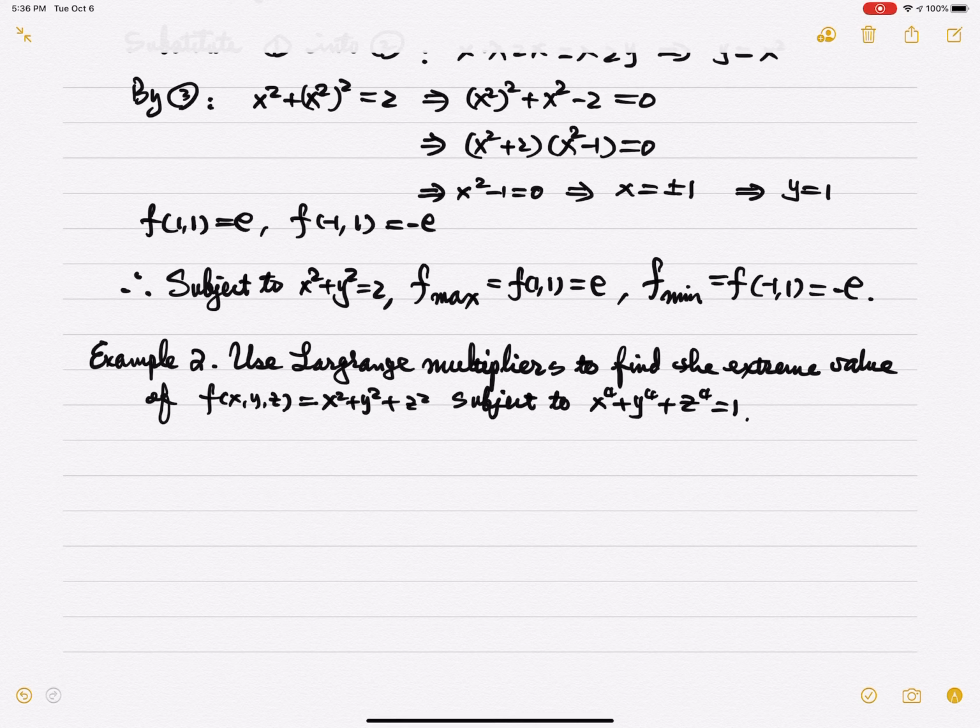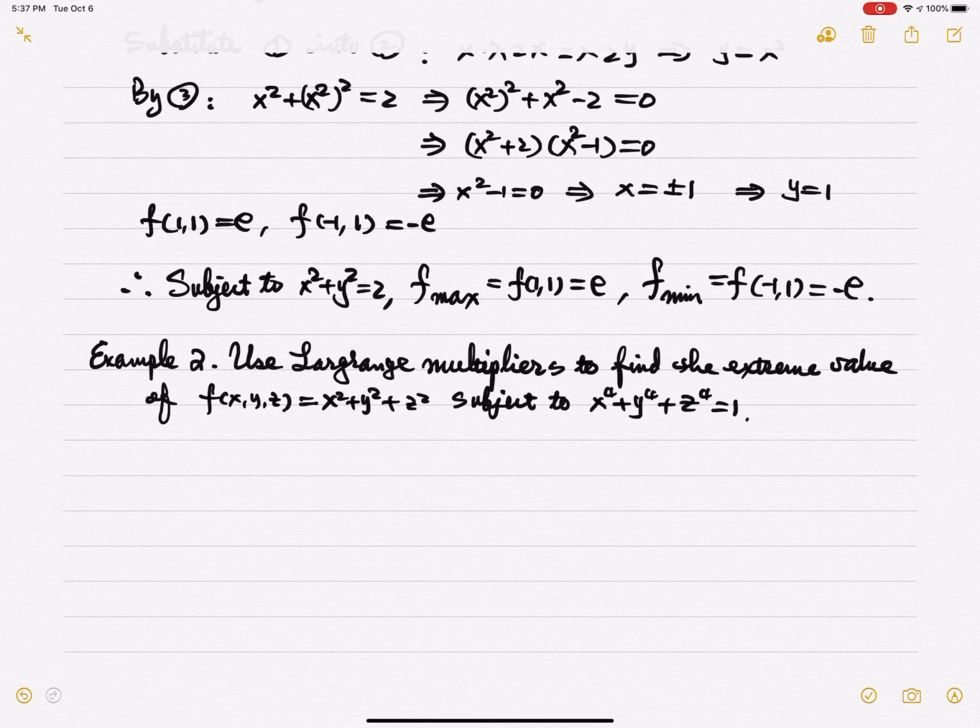Now geometrically, we can still draw a picture. Imagine if f(x,y,z) equal to a constant. This is a level surface. x squared plus y squared plus z squared equal to a positive constant is a sphere. With a different constant, you have a different radius.